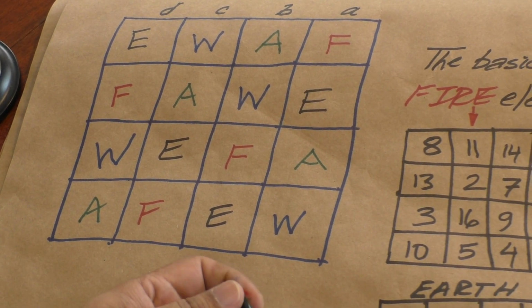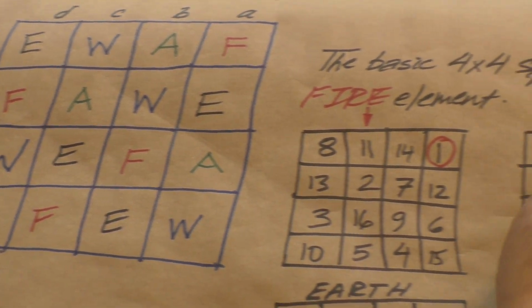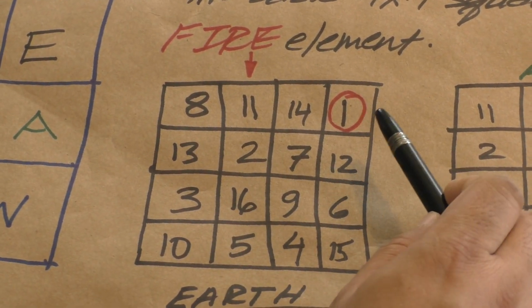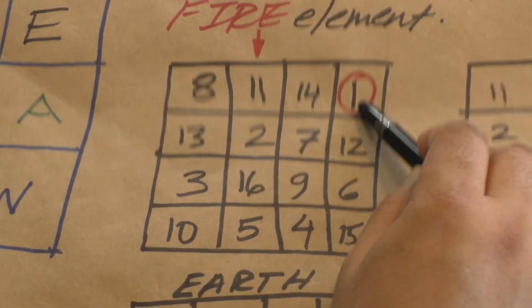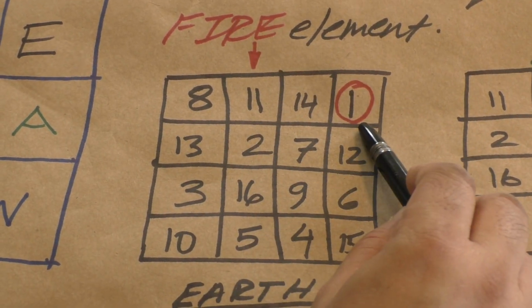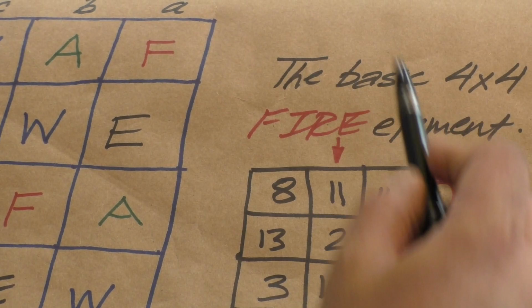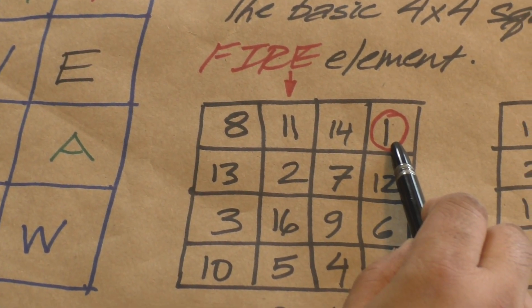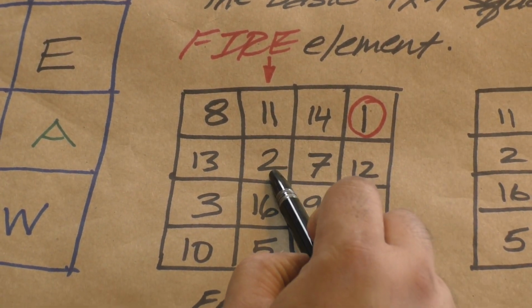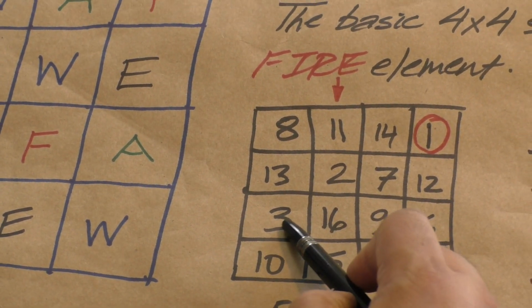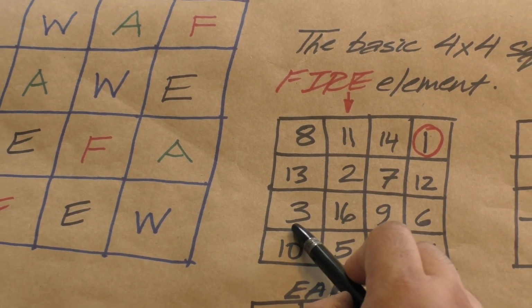And the basic or default 4x4 square corresponds to the fire element, and I have indicated it here. So if we look at it, we have the number 1, and it starts here at the fire square, so to speak, the fire cell. And then you do a knight's move and you come down and you put in a 2, which goes in water. Then you come down here and you do a 3, which also ends up in water.